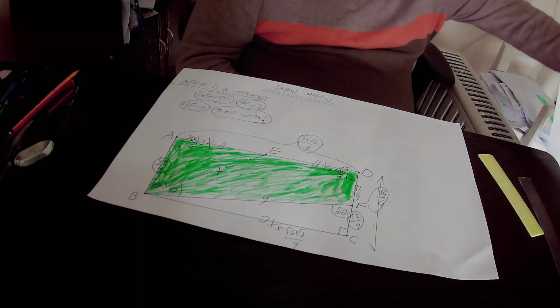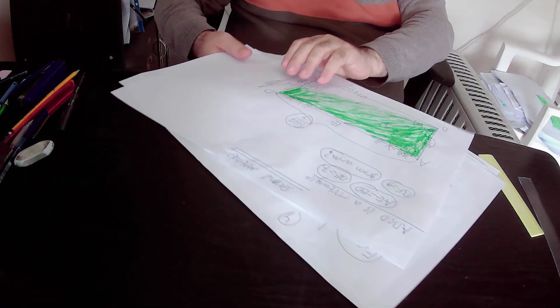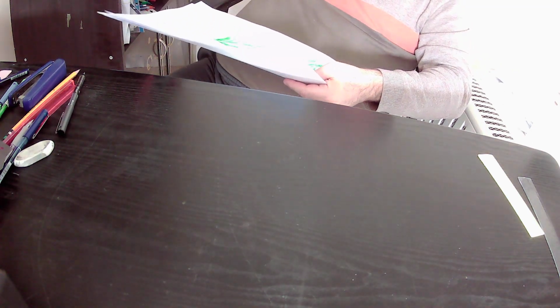So we finished with the second method, and then I presented to you how to find the area of the green shape according to a third method. In the third method, we actually made a construction.